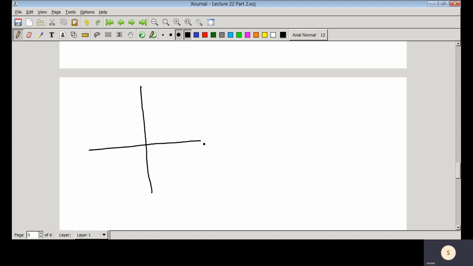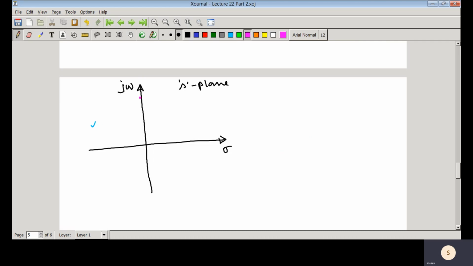So this is the S plane, real and j omega. You know that the system would be stable whenever the poles are in the left half of the complex plane.